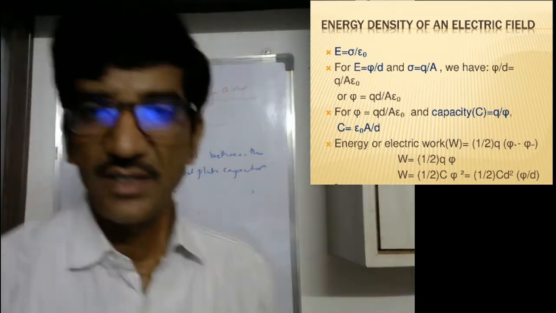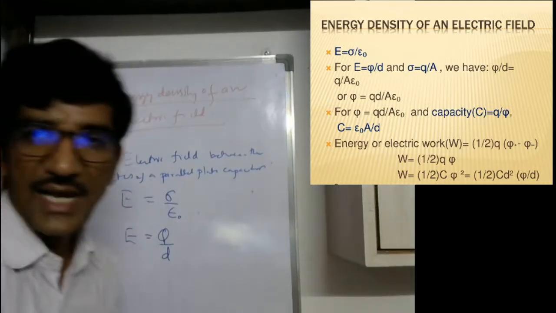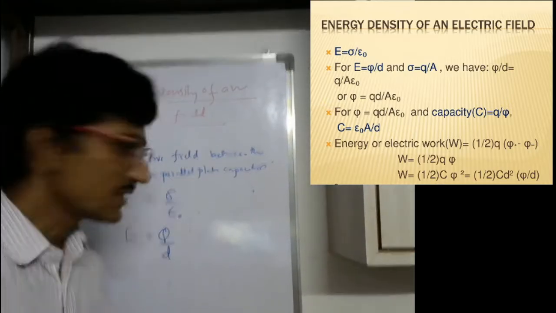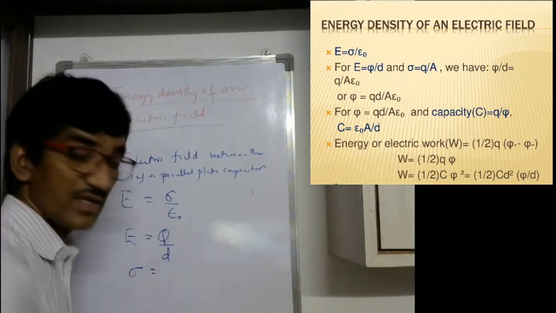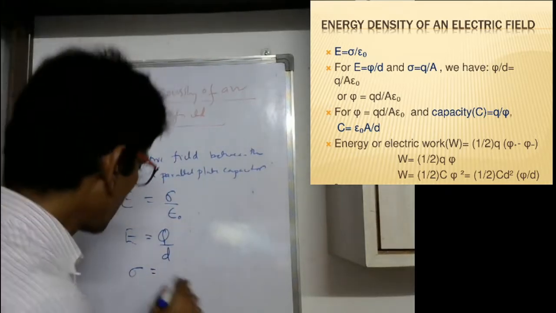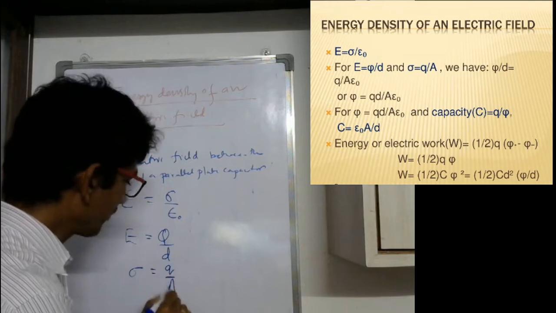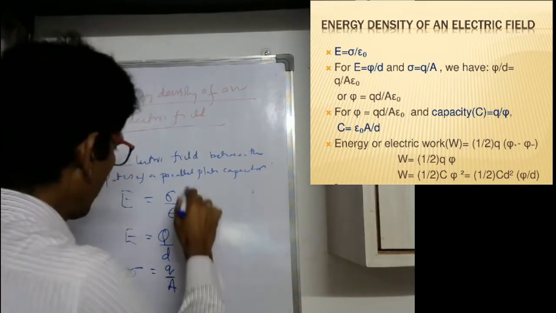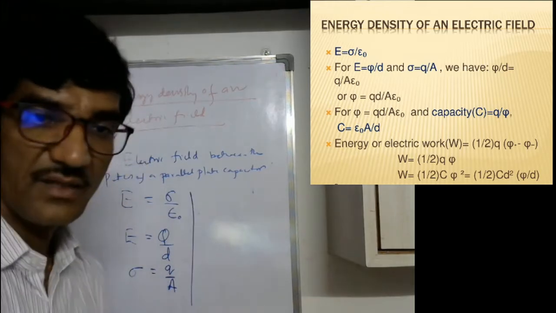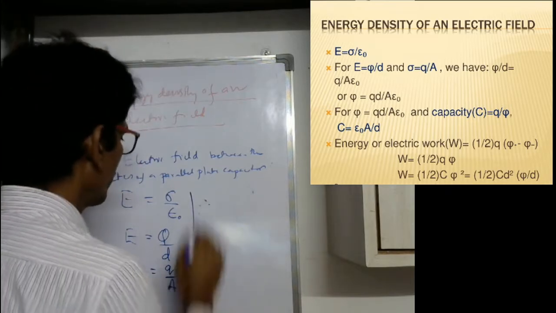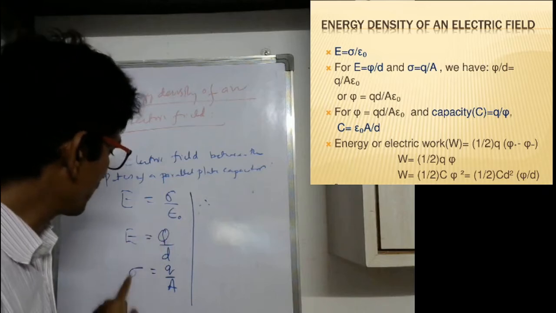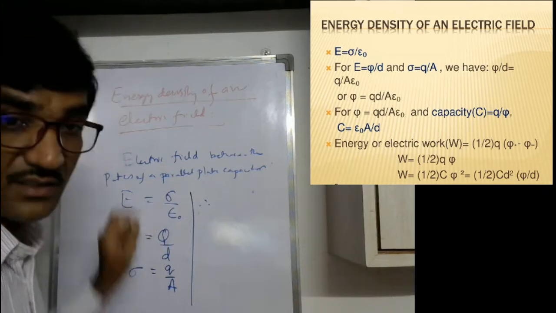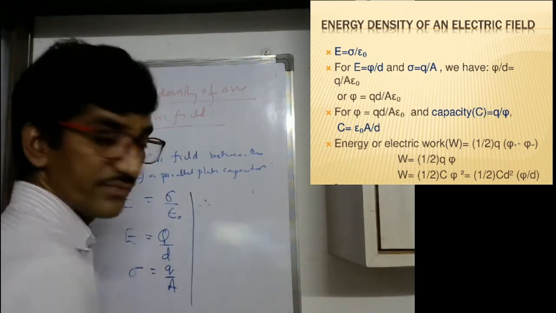Again, sigma is equal to charge per unit area, Q by A. Whenever you substitute the E value and sigma value, what happens?